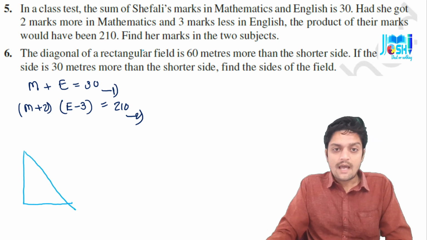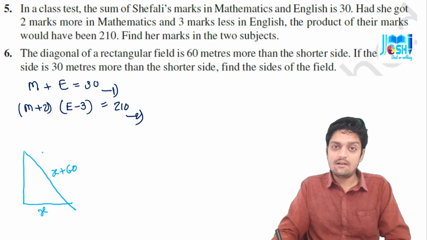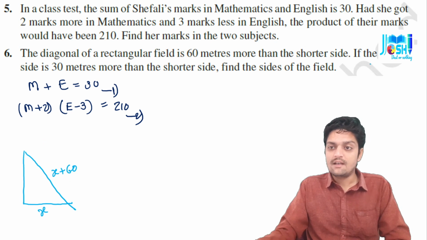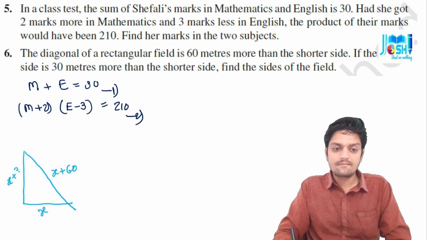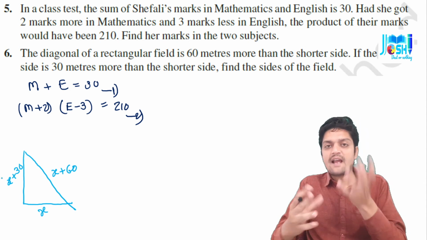The shorter side, first we have to assume, is x, and the diagonal is x plus 60. If the longer side is 30 meter more than the shorter side, so this is x plus 30, and its sides now we have to find.